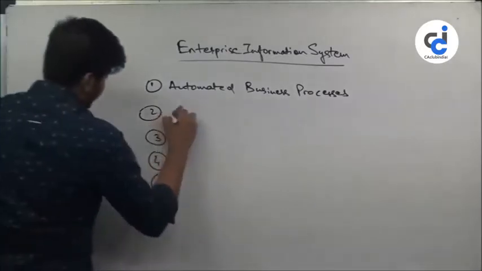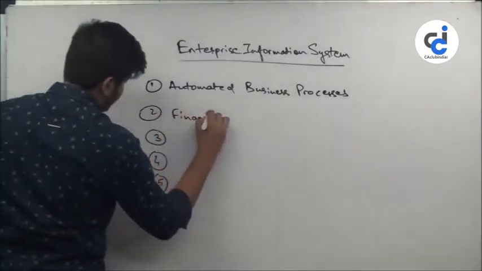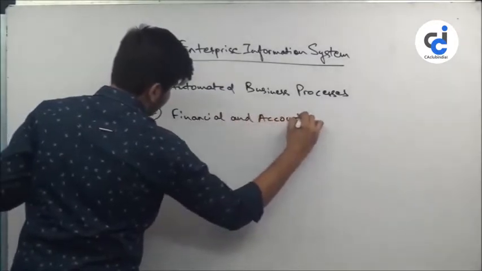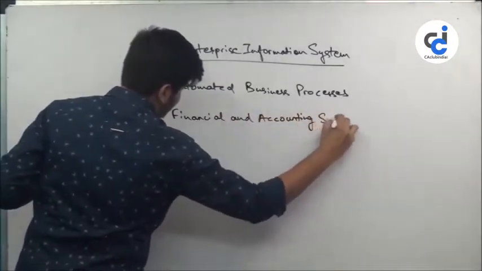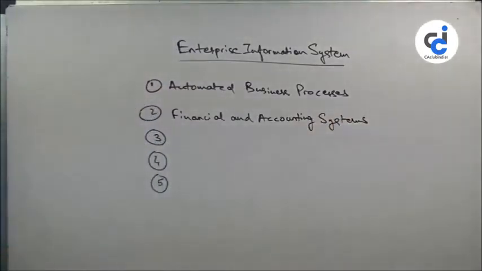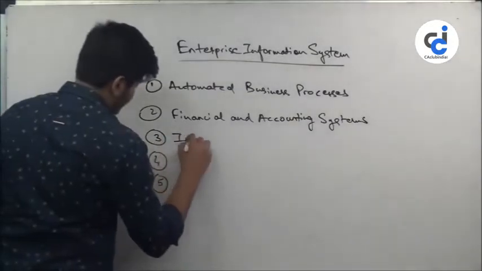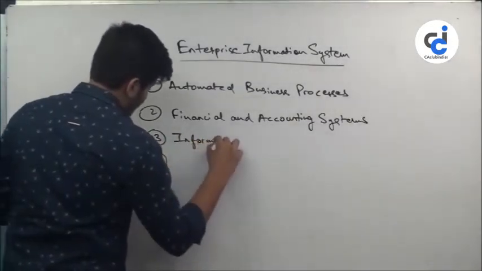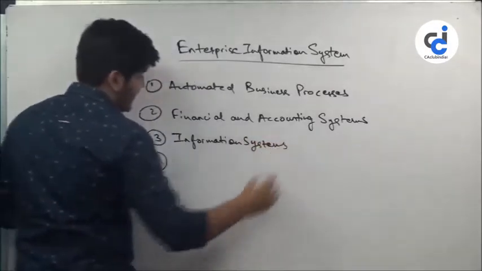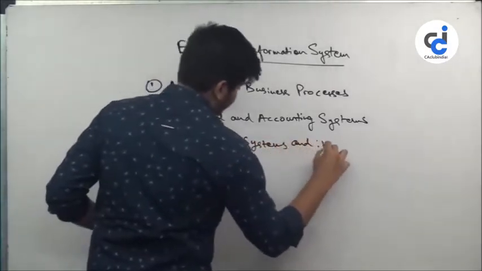Next is financial and accounting systems. Next would be information systems and its components.